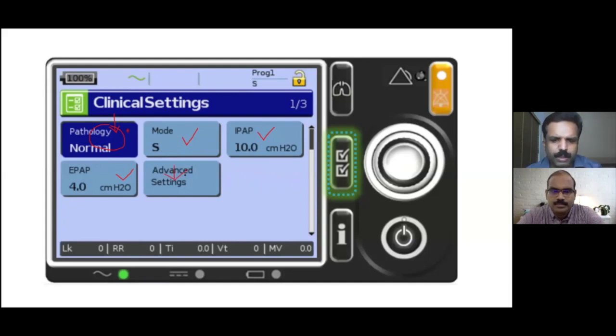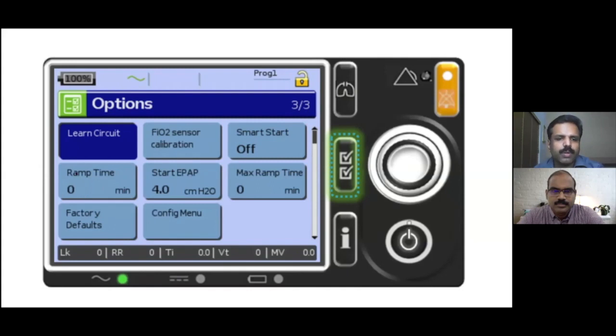Suppose you press the advanced setting, this is another mode where you can go into the learn circuit mode options, the oxygen calibration, start EPAP, maximum ramp time, and ramp time. What does start EPAP mean? Suppose you are setting an EPAP of 6. Just like a normal ventilator, as the patient is conscious, it will not immediately start from 6.